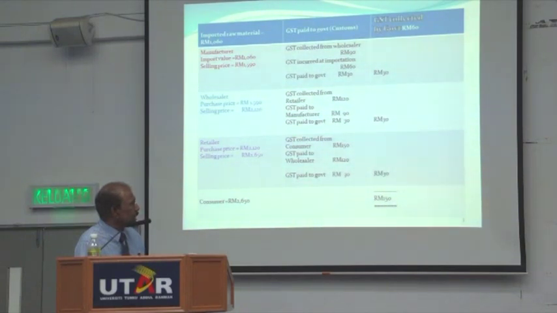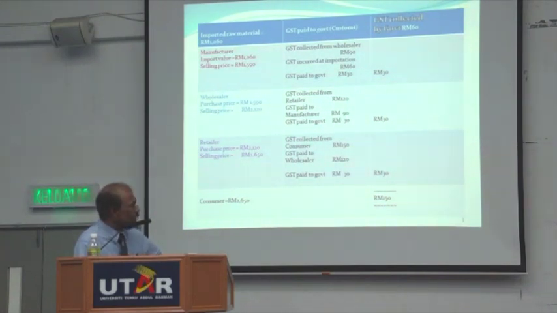And you can see there, GST collected from wholesaler, $90. And GST incurred at importation, $60. And so the difference charged by this manufacturer when he sells to the wholesaler. So in a sense, right, because the manufacturer is charging to the wholesaler. So the difference, $30, is paid over to the customs, who is actually collecting on behalf of the government.